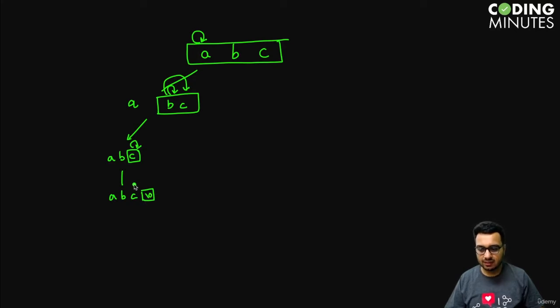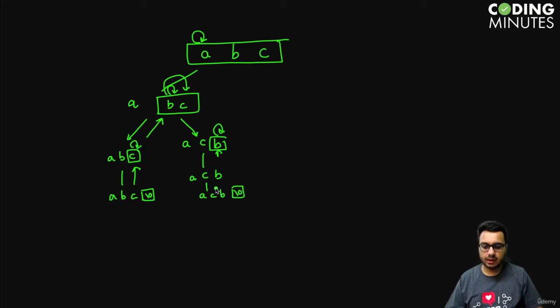That forms a base case. I come back to the previous call, and from here I say, okay, replace b with c, it becomes acb, and I make a recursive call on this one. Then I say, okay, maybe b with b, acb, and I make a recursive call on this one. Okay, I come back, I come back, and I come back.